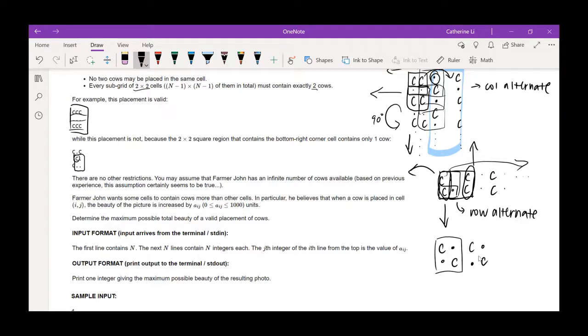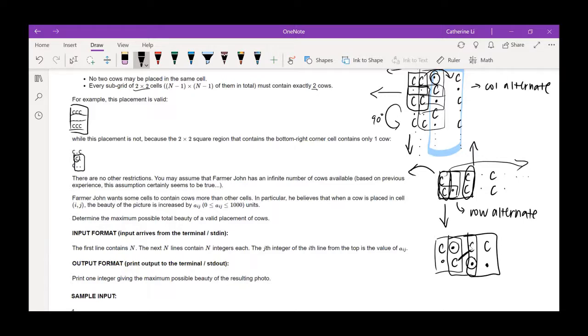And basically what you end up seeing is that we can either start a new subunit like this, where the two dots are diagonal from each other and the two cows are diagonal from each other, or we start one of these, where we have two cows and two dots next to each other.